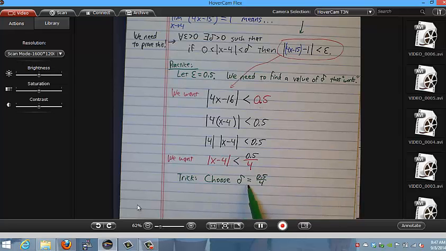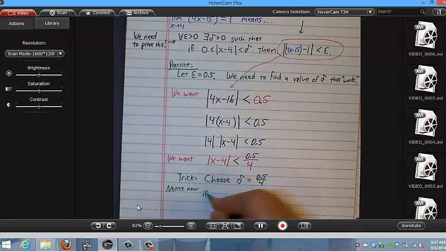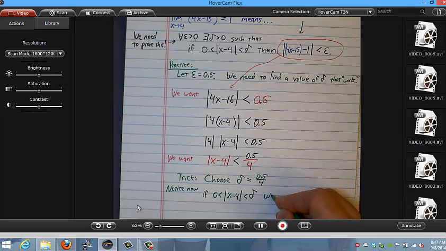If delta is 0.5 over 4, notice now, if 0 is less than x minus 4 is less than delta, we get the absolute value of 4x minus 15 minus 1 less than epsilon by working backwards.